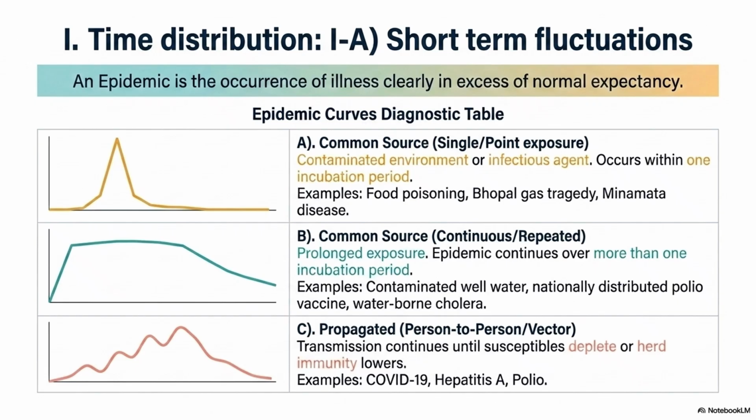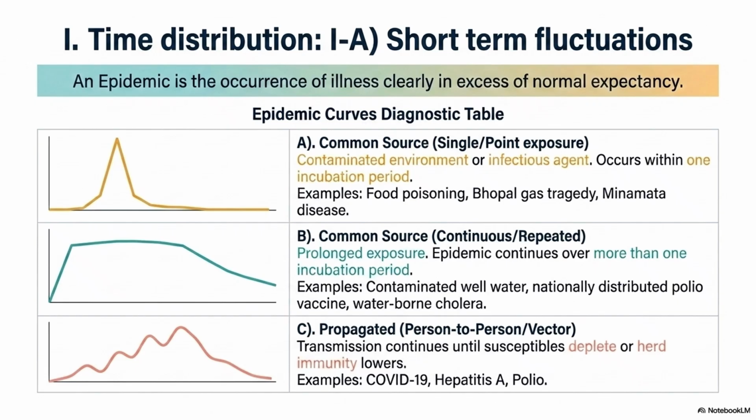So here the best example is a well of contaminated water. Say for example, in a village a common well is there from where they are getting water and drinking, and that well is contaminated. So from that well the whole village is consuming water, and all the persons will not come at the same time and carry water. So some people will come in the morning, afternoon, night, or the next day.